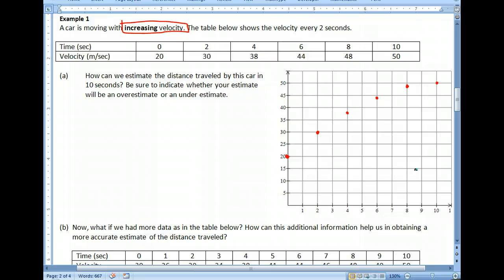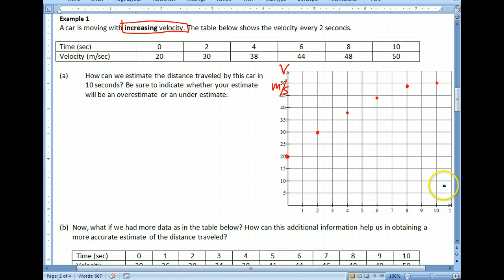How can we estimate the distance traveled by this car in 10 seconds? So again, area under the curve is going to give us the... well, in this case I don't know yet. Let's talk about the units. What are the units for x and y? This is velocity in meters per second.